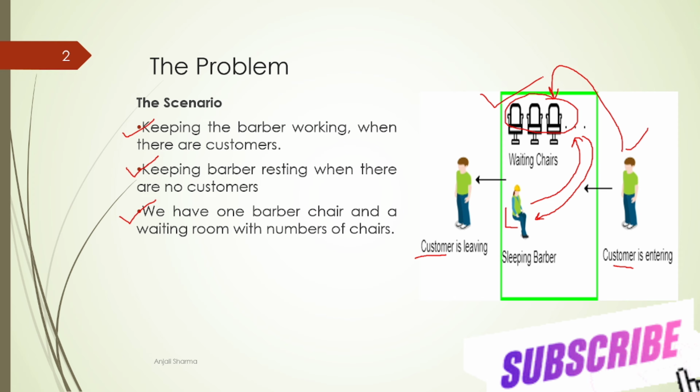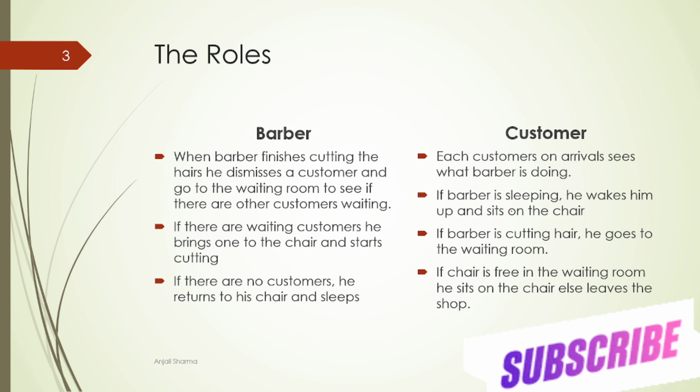You can see that the customer is interacting with the chairs and the barber is also interacting with the chairs. So both processes interact with the chairs. That is why this is the shared resource, and this can give rise to a race condition, which we aim to avoid. So let us move further.